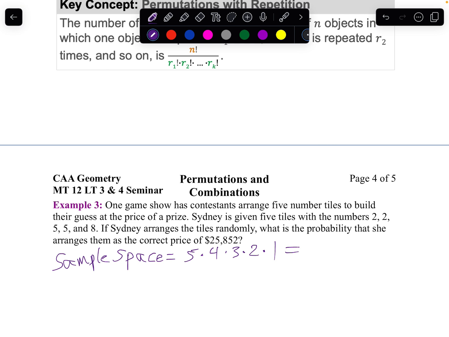But notice the 2 is repeated, isn't it? So I'm going to divide that by 2 factorial, like we do it with the problem, because we might have more later on. And then the 5 repeats, that's 2 factorial. The 8 doesn't repeat.